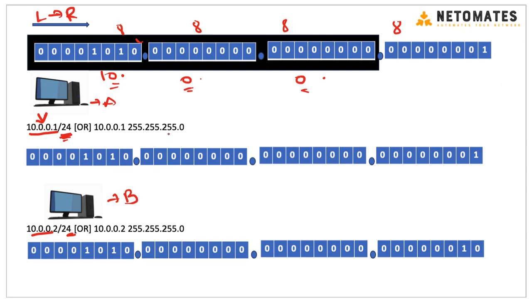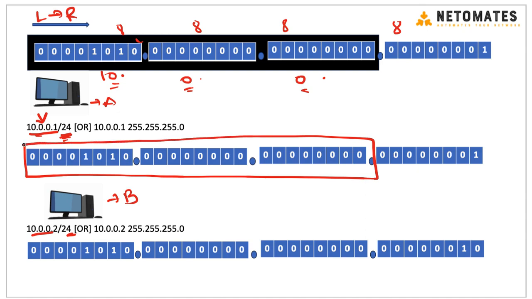So let's represent the same thing here. Computer A has 10.0.0.1/24, which means the values until this part are the same for any other IP in the same group.